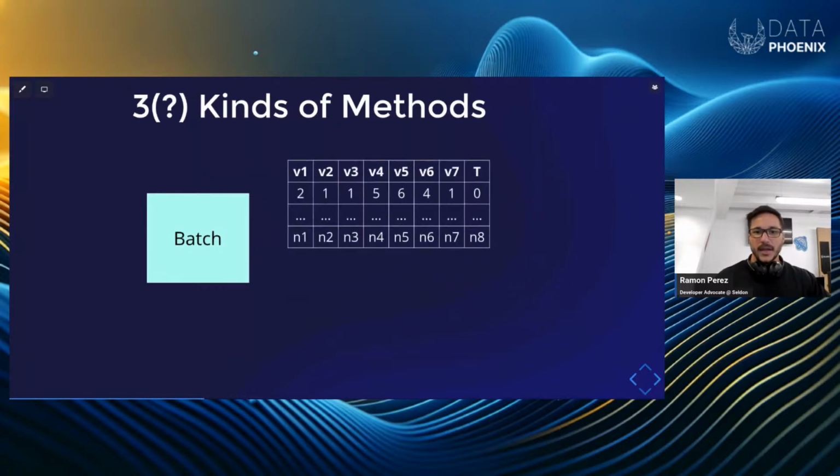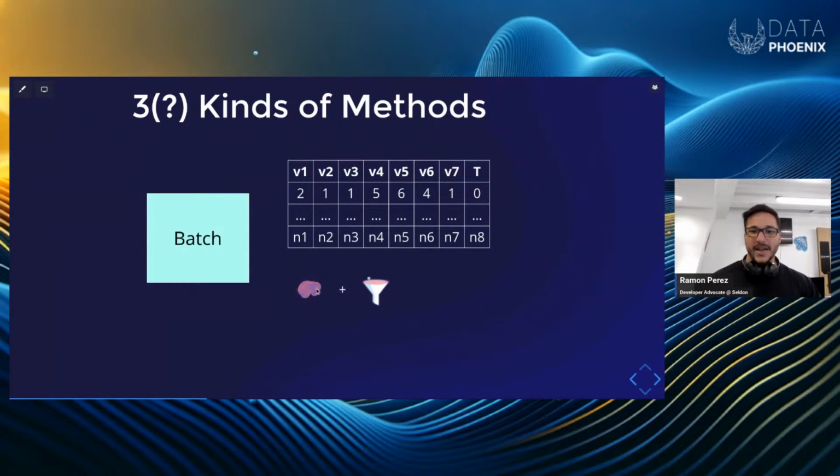So first, batch. What is batch? Imagine I have a very gigantic database with a lot of data, and what I want to predict is the column at the very end. That's going to be my target label. I have a model sitting somewhere, and some sort of funnel that is taking all of that data.